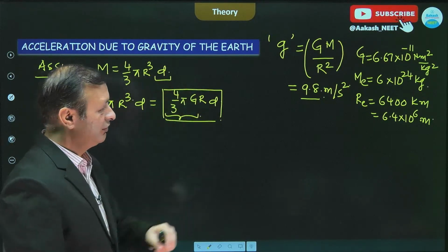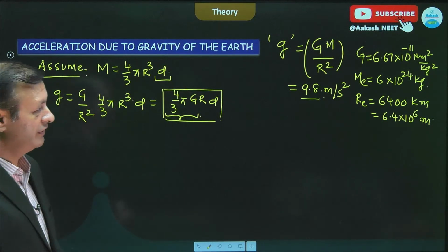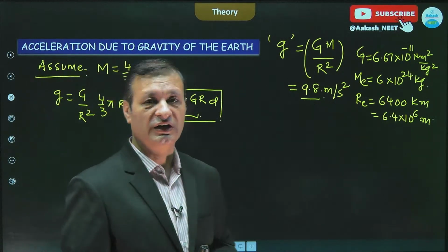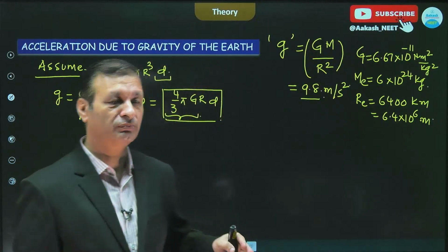So there is another formula for acceleration due to gravity in terms of density and size, that is radius of Earth. So any doubt from this part?